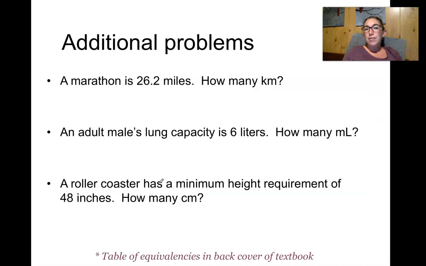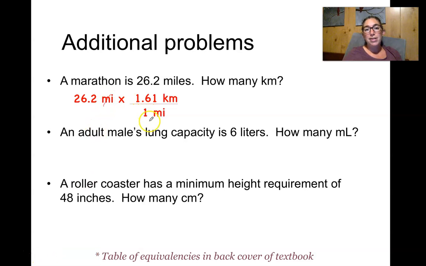So we're going to do a couple of additional problems. The first one: a marathon is 26.2 miles. How many kilometers is that? We're going to start with our given unit, 26.2 miles. That's the number we're given in the problem, and we want to convert it to kilometers. So we need a conversion factor that equates miles and kilometers, and we want miles to be on the bottom so that those miles will cancel out.